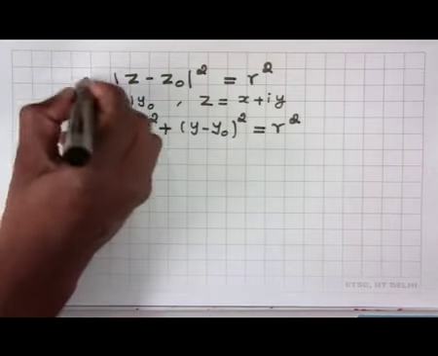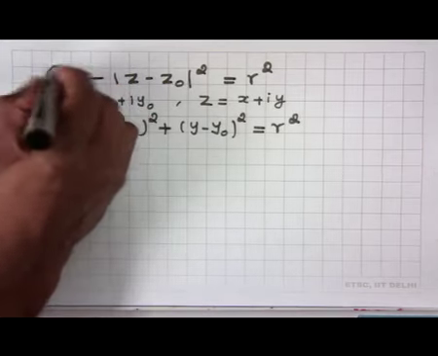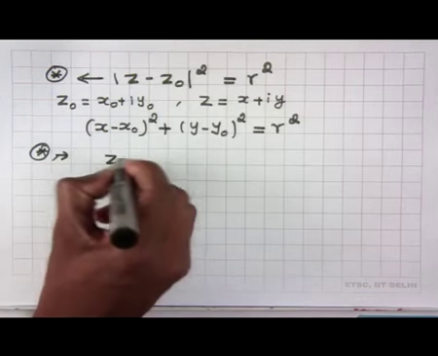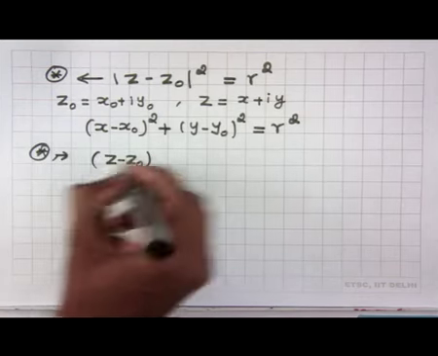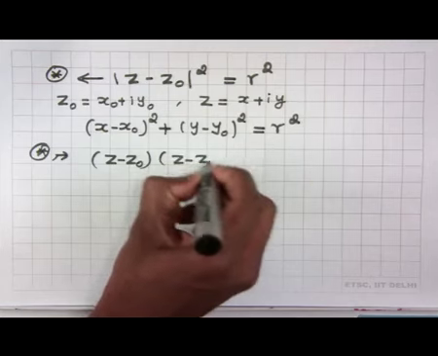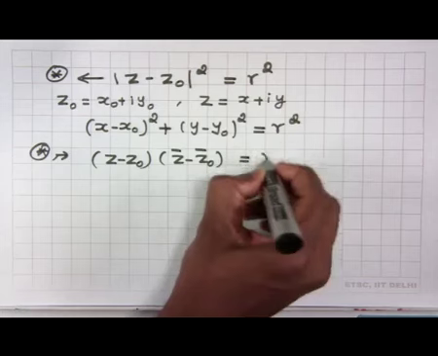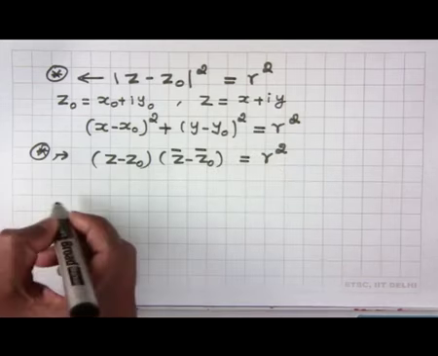So let us further examine this equation. Star can again be written as z minus z naught multiplied with z minus z naught bar, each one conjugated, equal to r square.